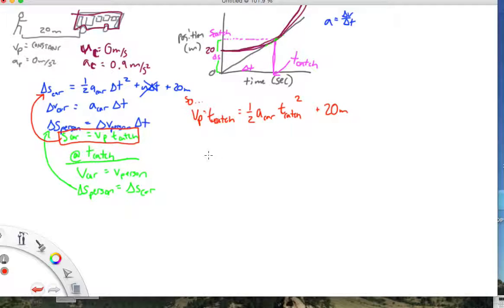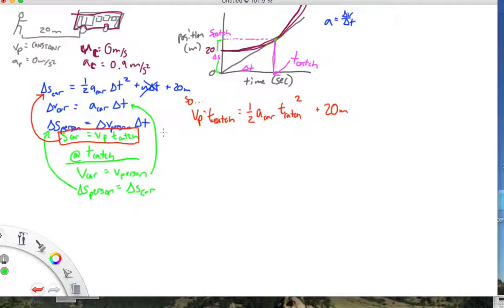So now what? I'm also going to use this equation right here, velocity of the car equals the velocity of the person, and I'm going to use that in here. So I'm going to replace the velocity of the car with the velocity of the person at time catch.